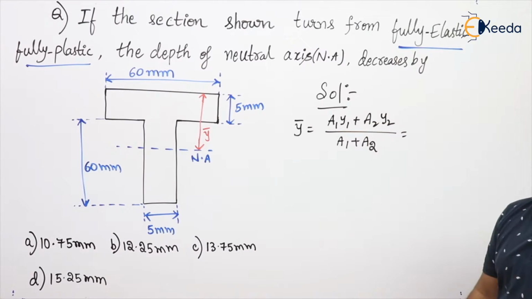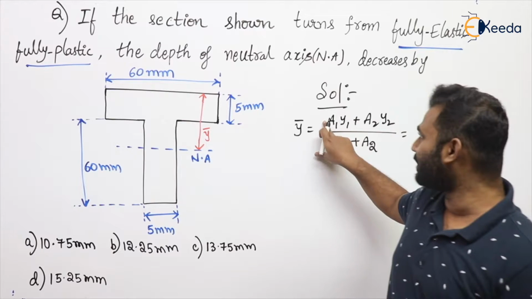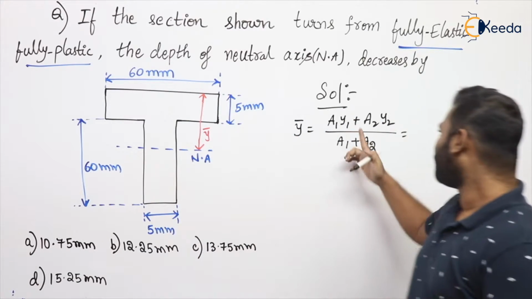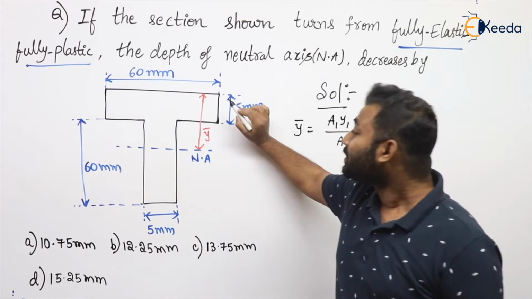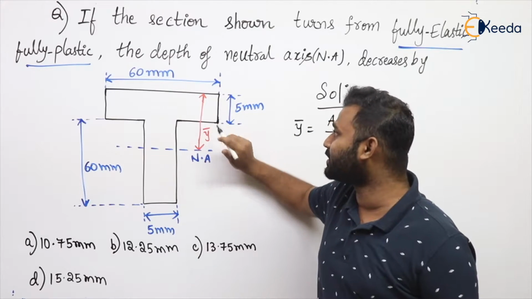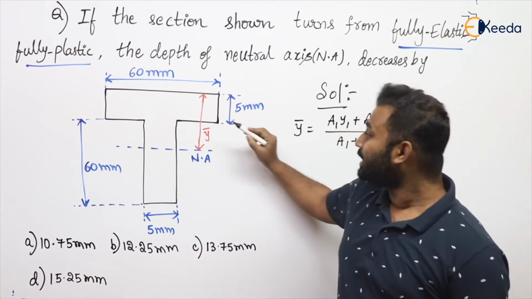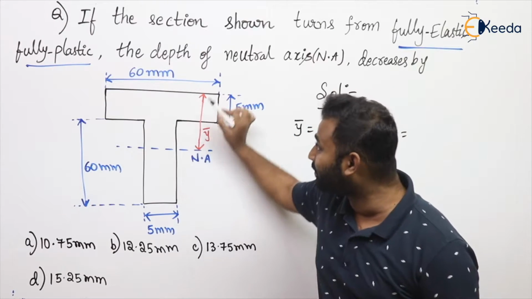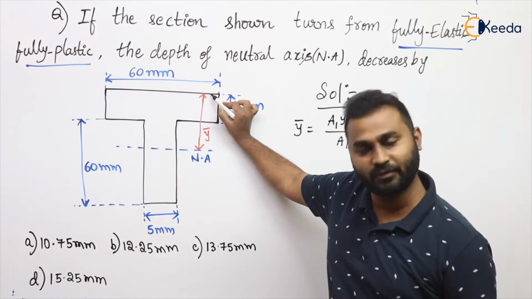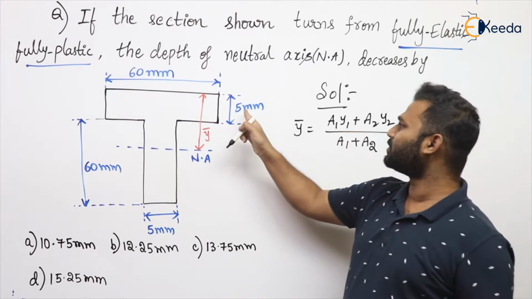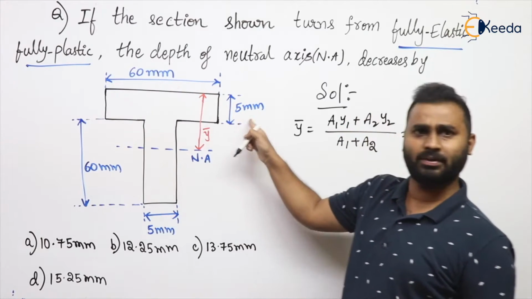This is that theorem. So coming to A1, here A1 is the flange area, and A2 is the web area, and y1 is nothing but the distance of the CG of this flange from the top. In the same way, y2 is the distance of the CG of this web from the top fiber, from the extreme fiber. Clear, everyone? So now A is nothing but area. So 60 into 5, that is the area.